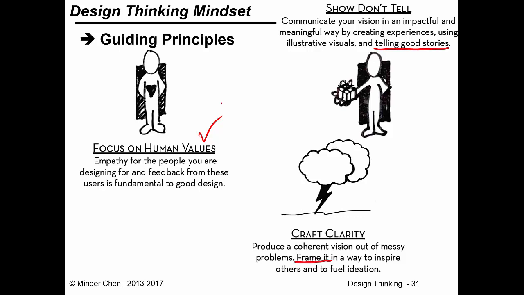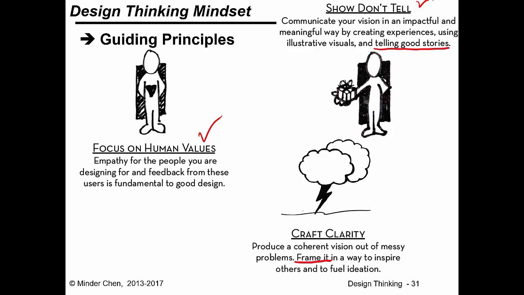Second is show, don't tell. When you try to communicate your vision to the potential users or stakeholders, try to use a prototype and some illustrative visuals to help you tell a good story.